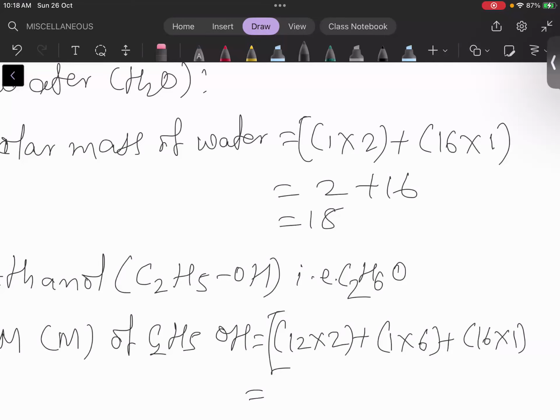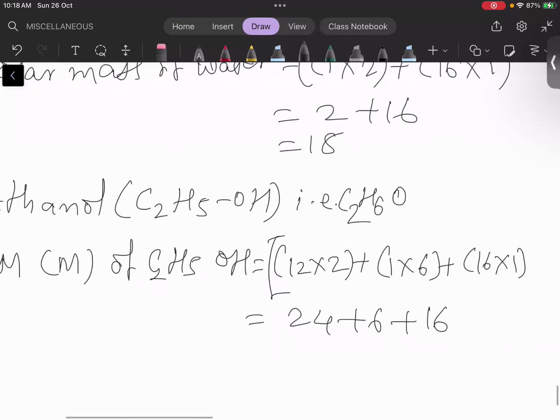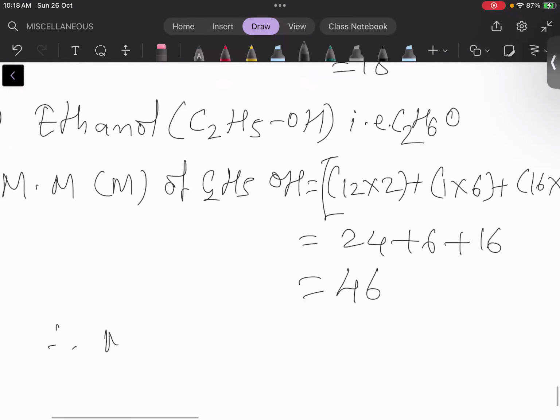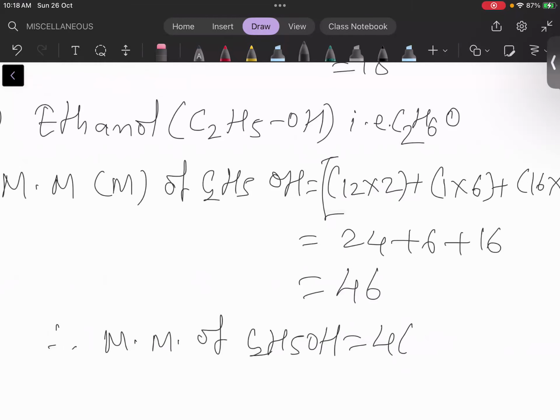So that is equal to 12 twos are 24 plus 6 plus 16, right? 24 plus 6, 30. 30 plus 16, 46. Understood? Therefore, molar mass of ethanol is 46 gram per mole.